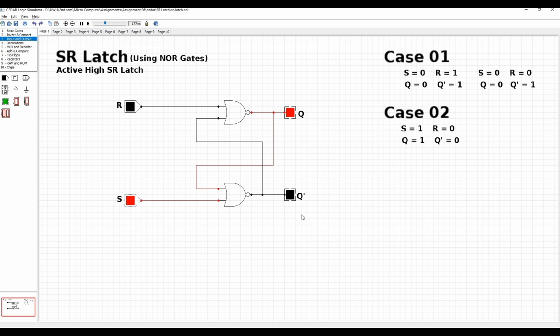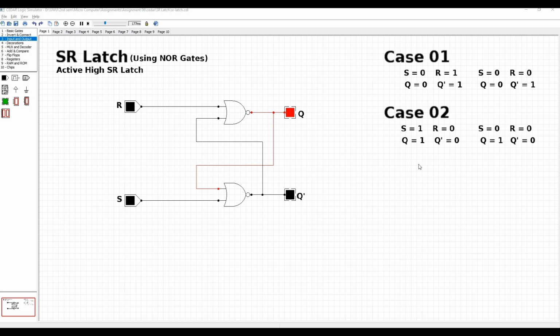Let's check if we remove the S input. It doesn't change anything in the output. It remains the same. So these are the main cases, and actually these two cases are used in practical scenarios.